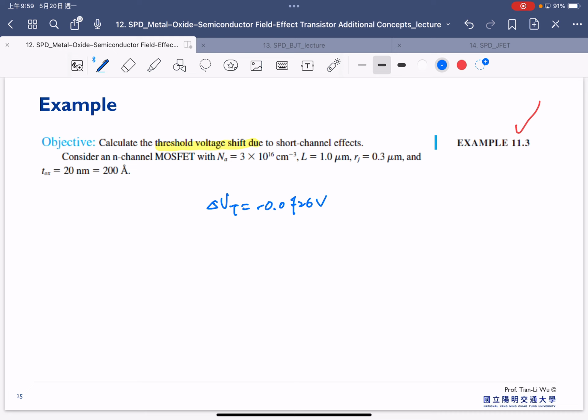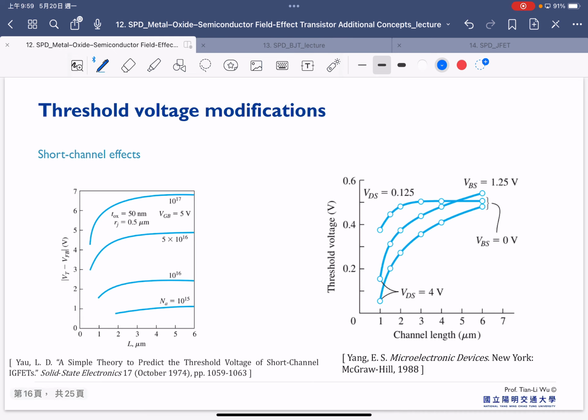And here is more clear evidence for the short channel effect, because you can now see that once we decrease the channel length, we can clearly see our delta VTH. Our VTH becomes negative here, and that is one of the strong evidences for the short channel effect.